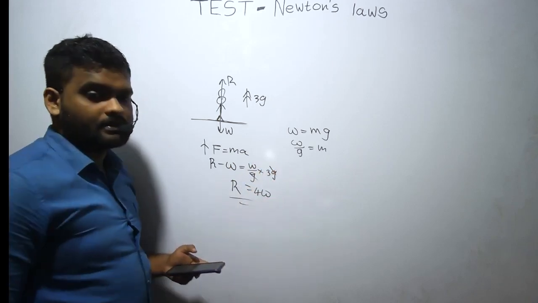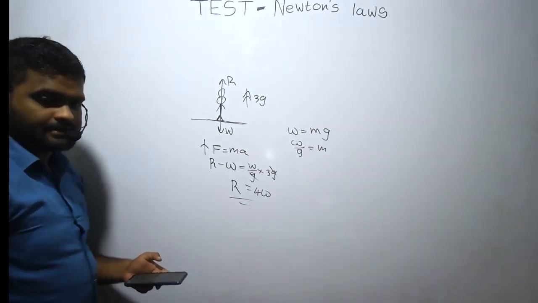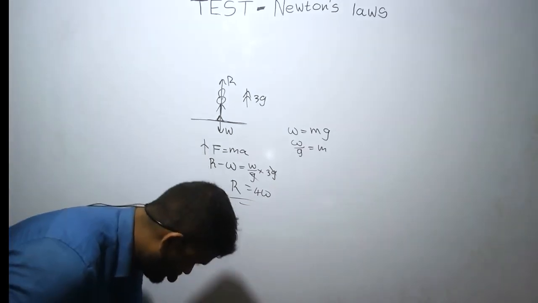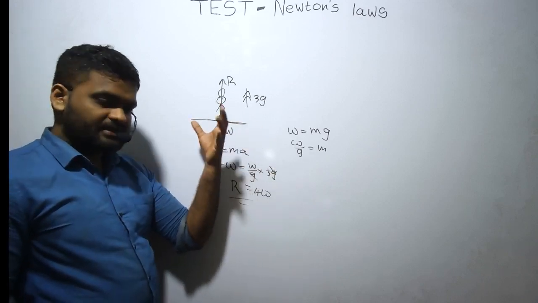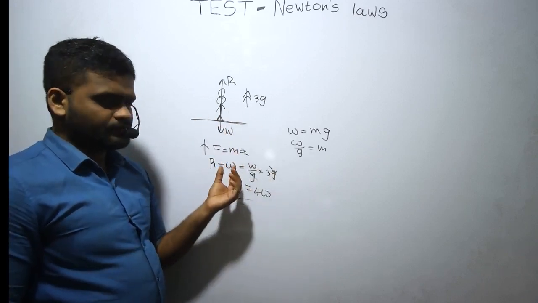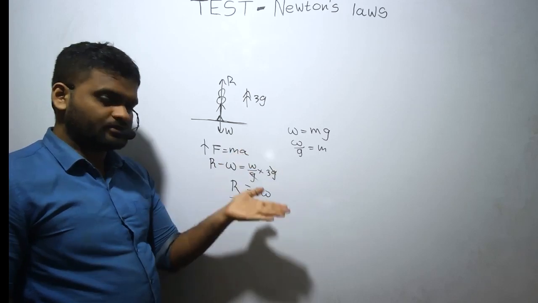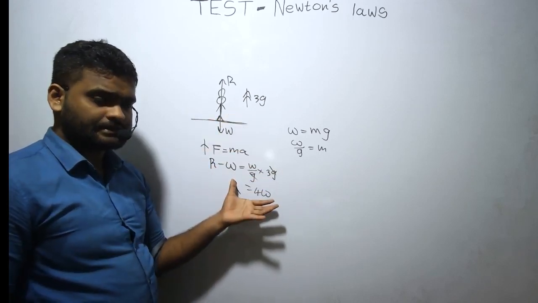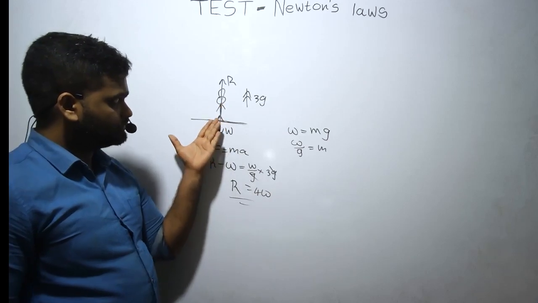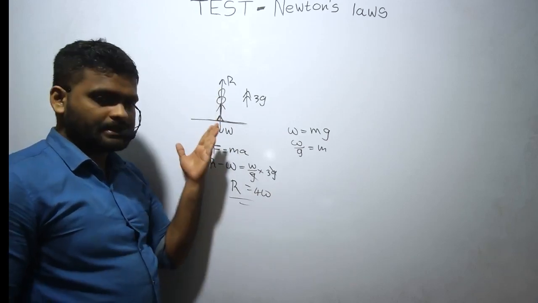So this is the normal reaction force acting on the man as he lands. After this moment, this normal reaction force would decrease, right? Because now the man stops completely and the normal reaction force decreases to W. W and R should be equal.